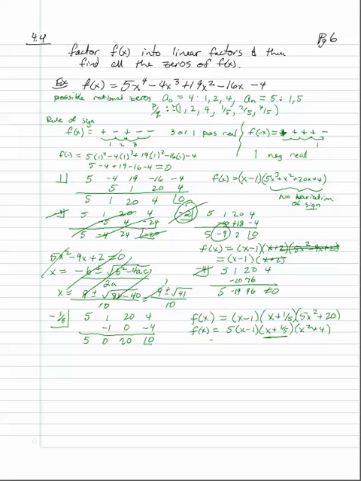And then that's easy to factor, because if you think of it as the difference of squares, you get x plus 2i and x minus 2i. So when you multiply that, you get minus 4i squared, which becomes the plus 4. Okay? So that's factored form.